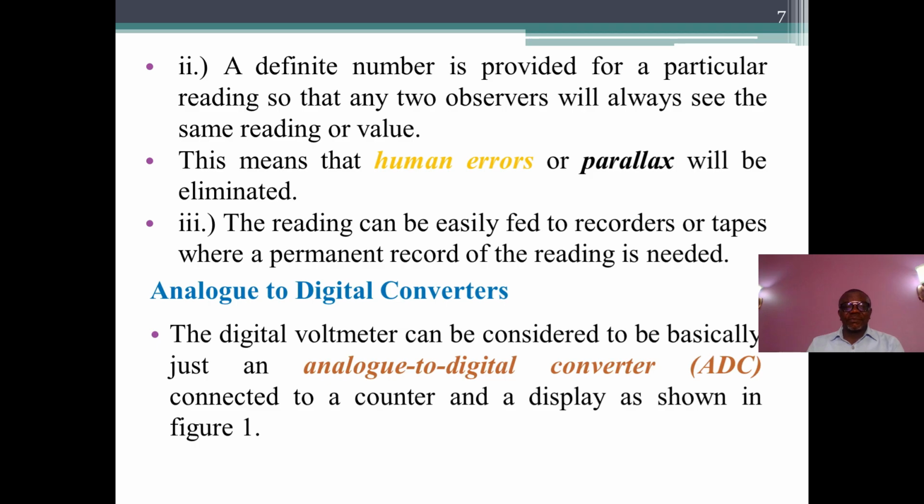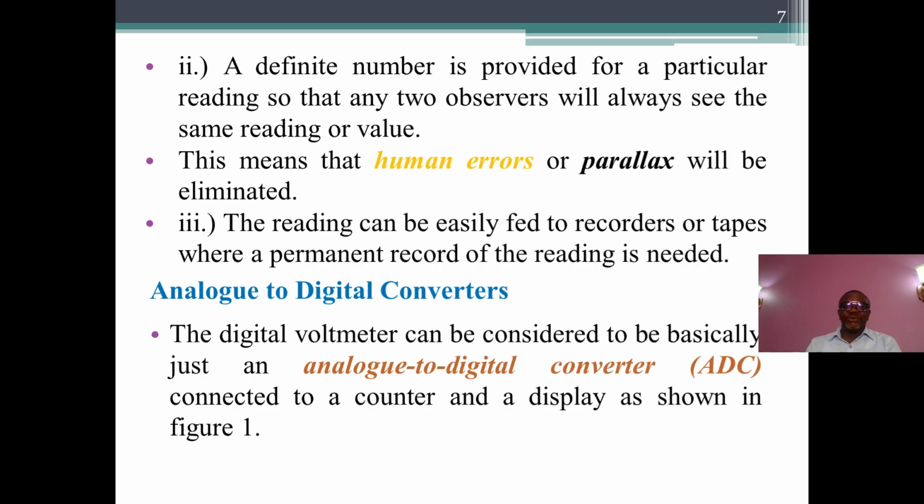Now, in dealing with these electronic digital meters, you must be able to convert the analog signal to digital signal. So we now have to talk about analog to digital converters.